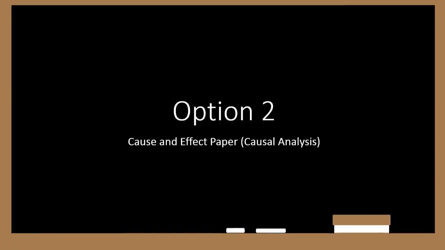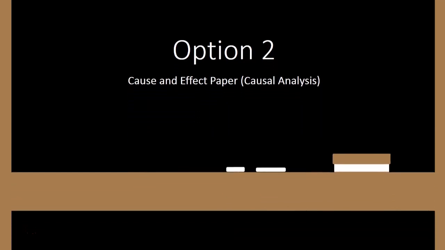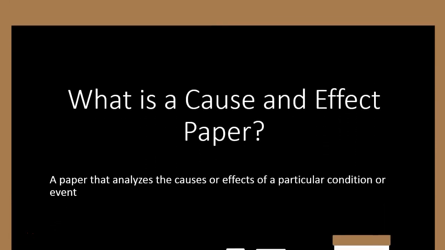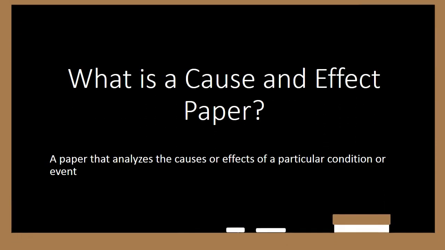Your second option for this first essay is a cause and effect paper, which is also known as a causal analysis. What is a cause and effect paper? A cause and effect paper is a paper that analyzes the causes and or effects of a particular condition or event. So when we think about conditions or events, we could be talking about something like deforestation, which is the impact that humans have had on the earth by cutting down all of the trees in the forest.